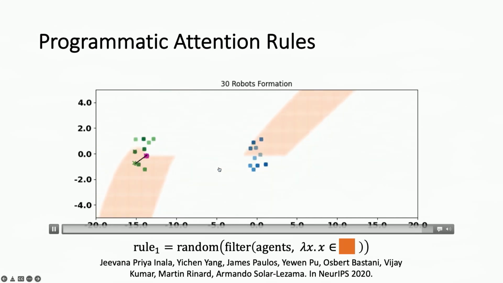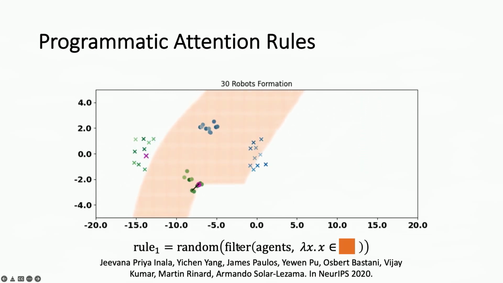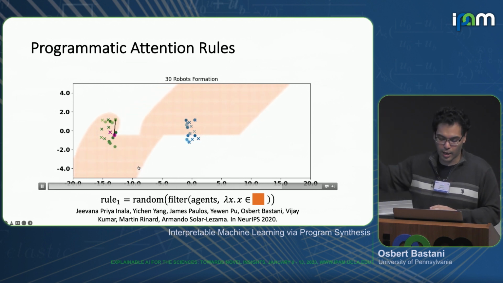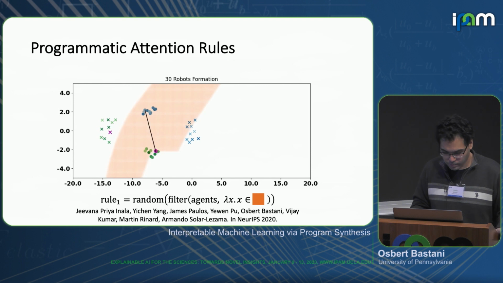The orange region is determined by some linear constraint on the state space. Once you've filtered, you randomly select one of the agents in this orange region. This encodes the intuition that you want to talk to one of the other agents that's between you and your goal.